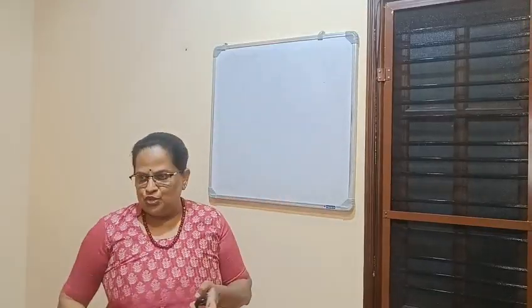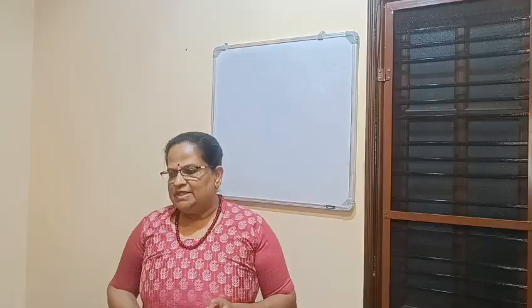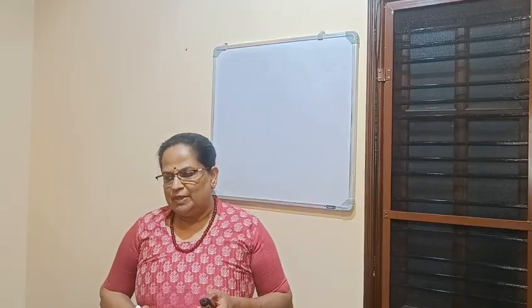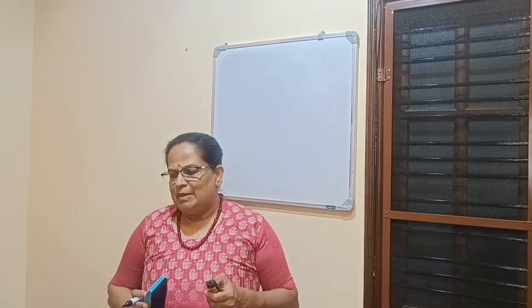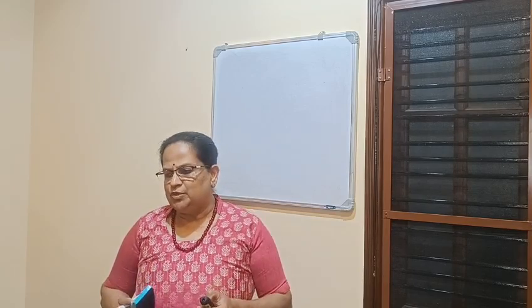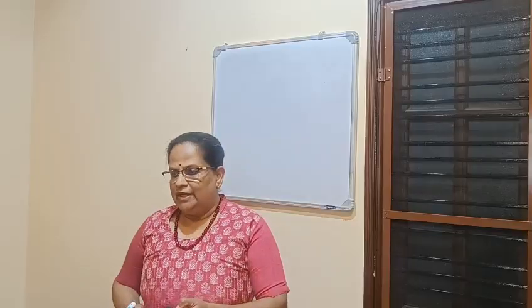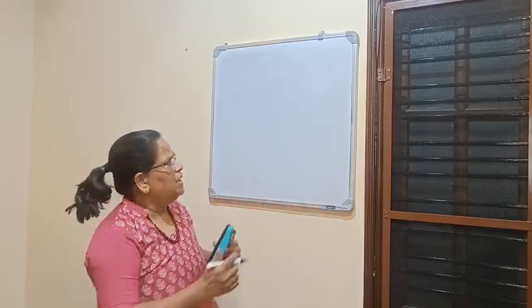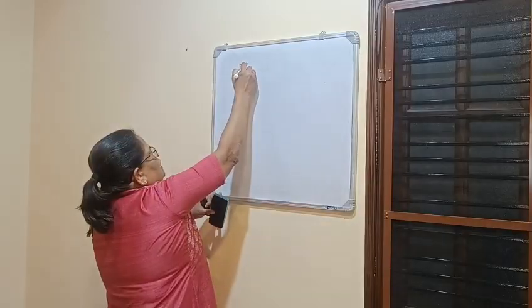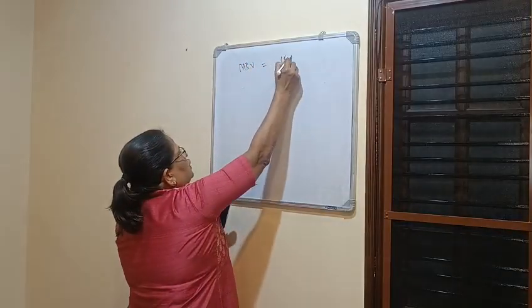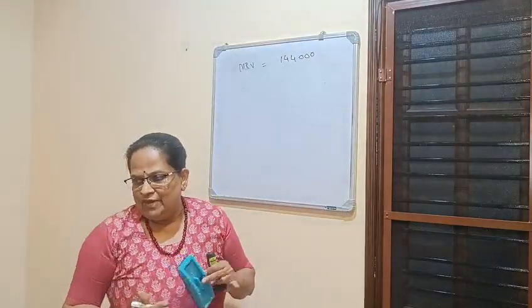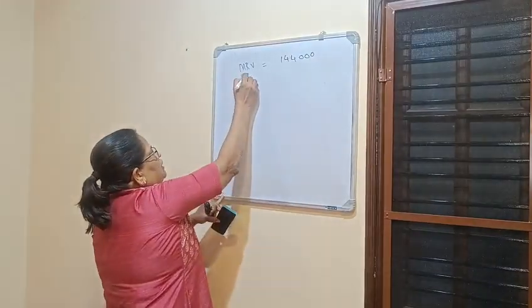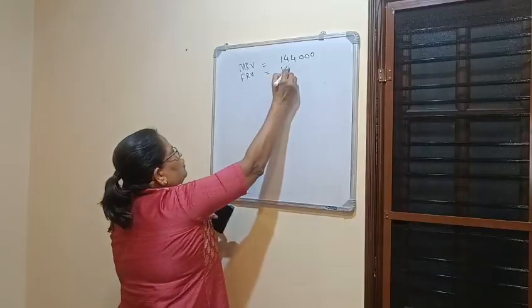Now we will do problem 2, that is Mr. A submits the following details about the house property he has rented out for commercial purpose. Compute income from let out house property for the assessment year 25-26. Here municipal rental value is equal to 1,44,000. FRV is equal to 1,48,000.